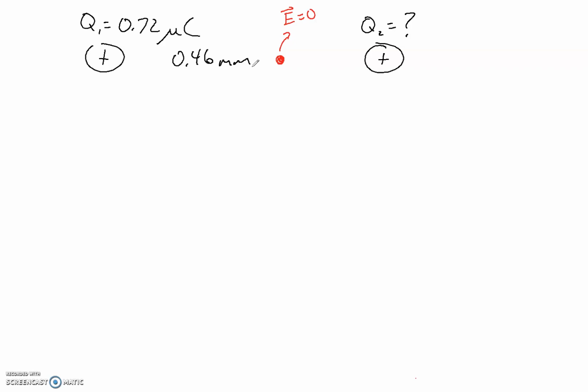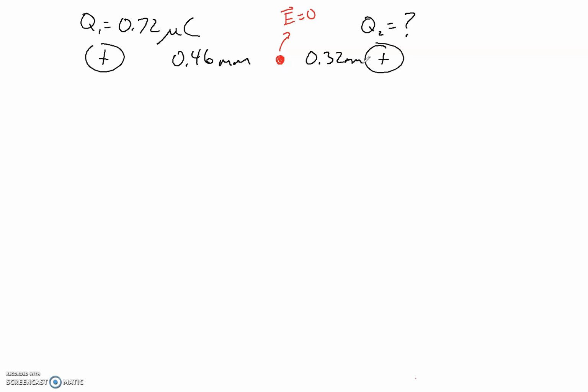So the electric field at this location is 0, and this is 0.46 millimeters away. This guy's creating an electric field, so is this one. And let's say this one is 0.32 millimeters away. And what we're going to do is try and find Q2, so the electric field at that location is going to be equal to 0.